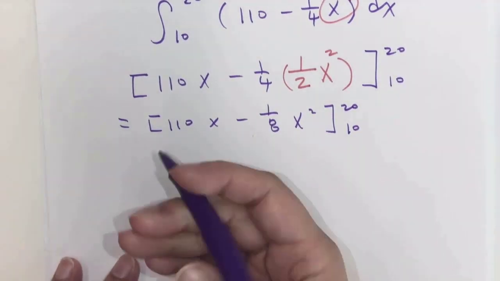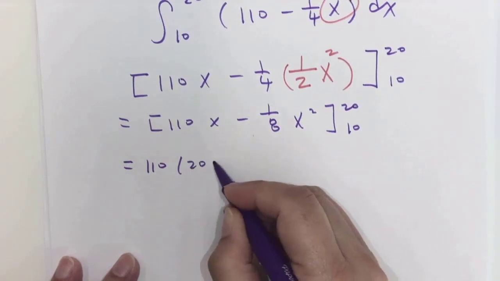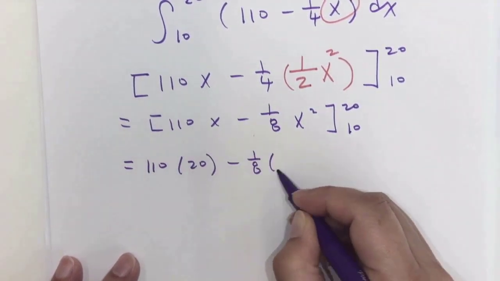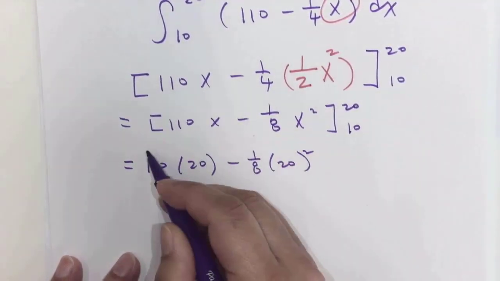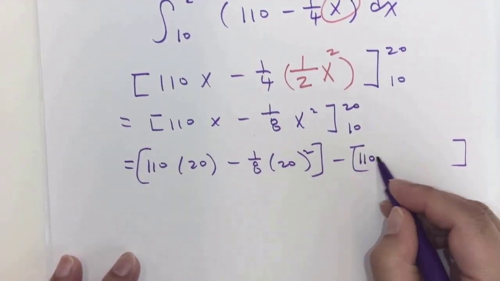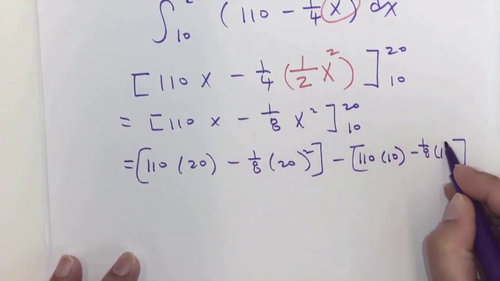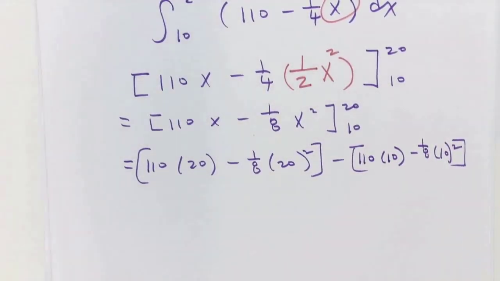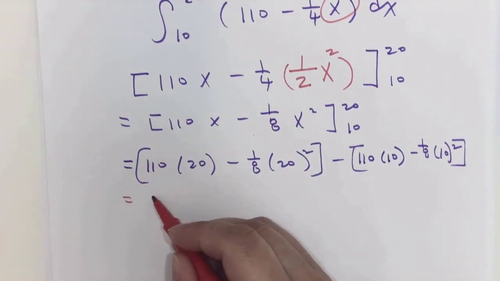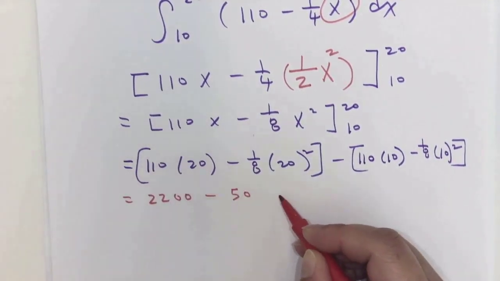We are going to have 110 times 20 minus 1/8 times 20 squared. This whole thing subtracting the lower part: 110 times 10 minus 1/8 times 10 squared. We didn't plug in C because C gets cancelled. So if we plug into the calculator, the first number would be 2200 minus 50.